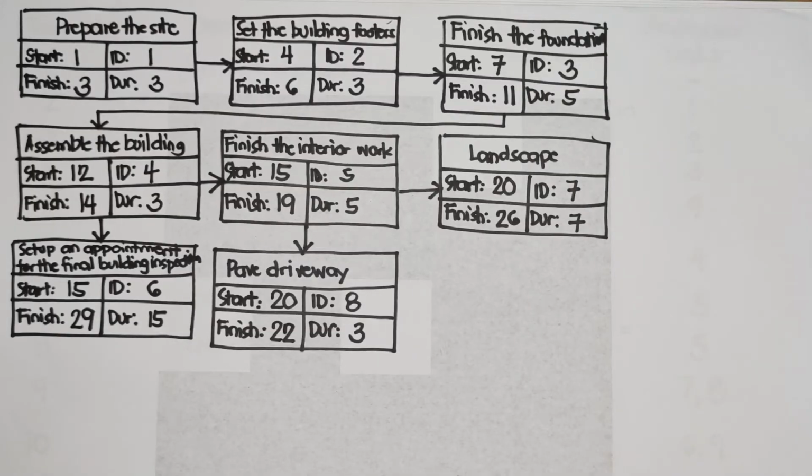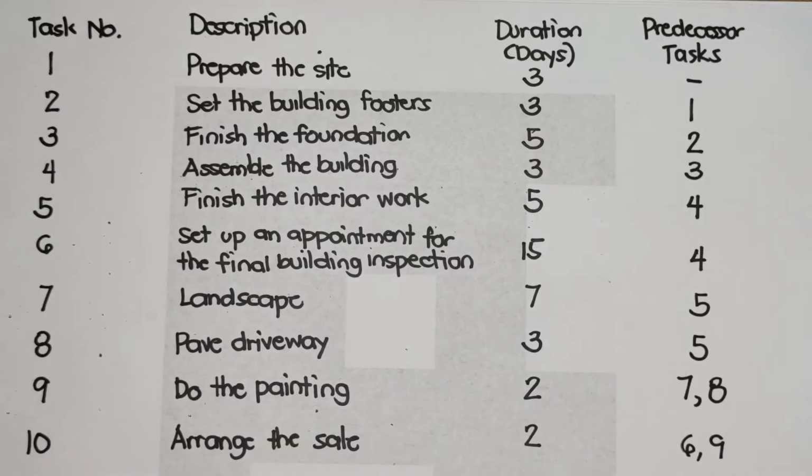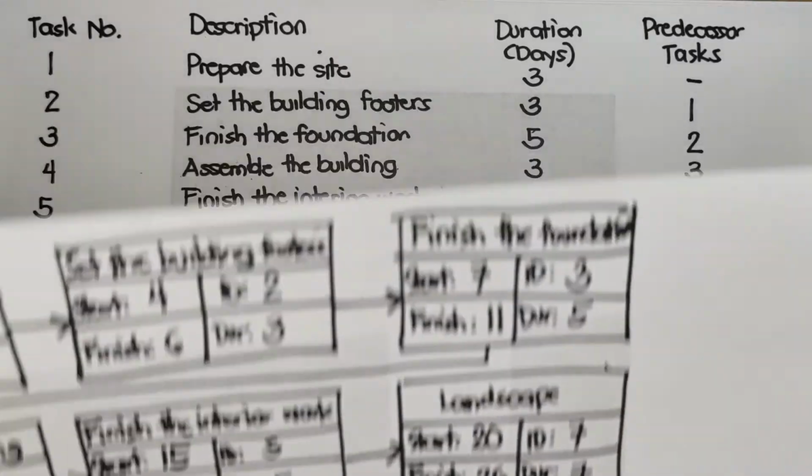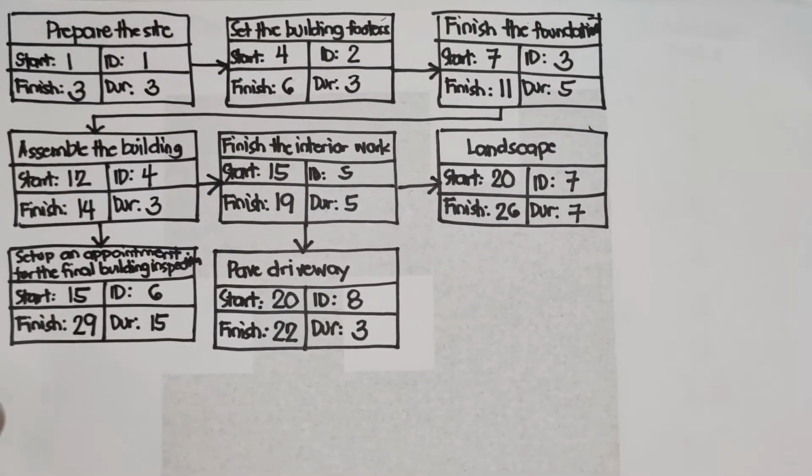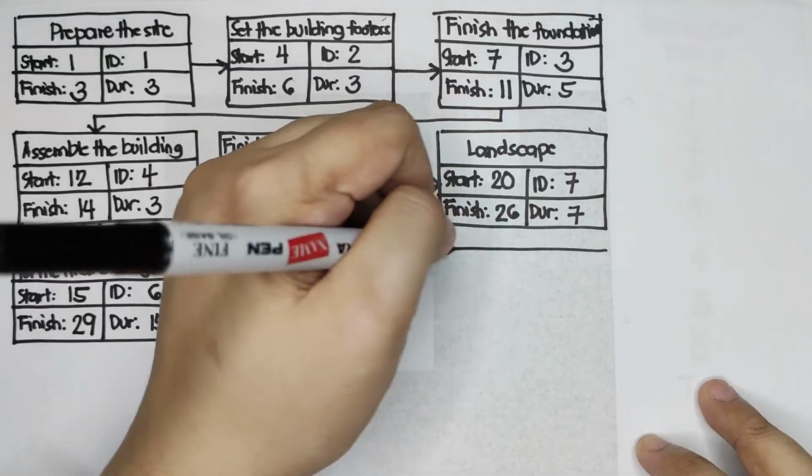Okay, two more tasks. Next, task number 9 is do the painting. Duration is 2 days. And we have 2 predecessor tasks, 7 and 8. Let's put it in here.